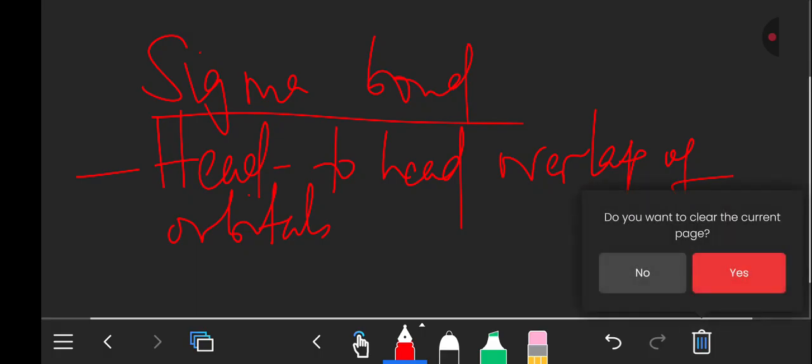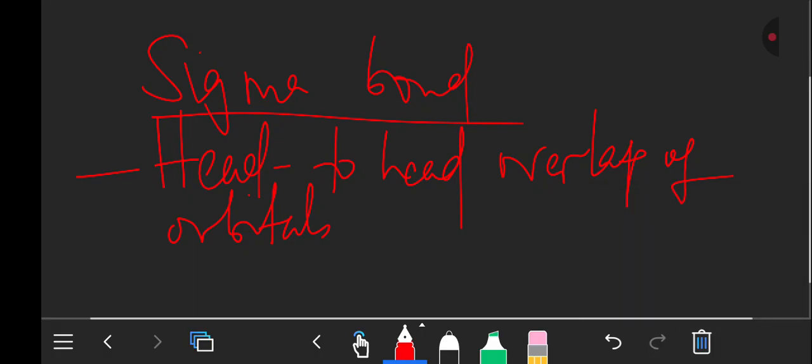So now let's look at the representation of this sigma bond. They are represented by this symbol, a sigma. They are covalent bonds, and we understand that since they are covalent bonds, they are the strongest bonds.